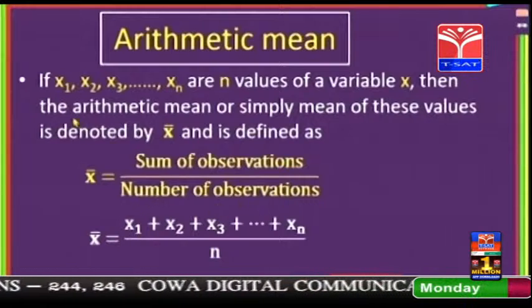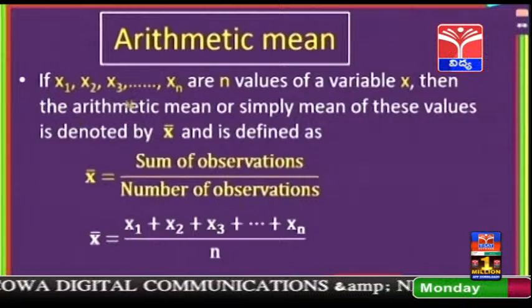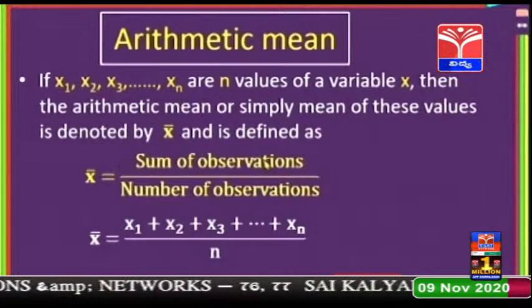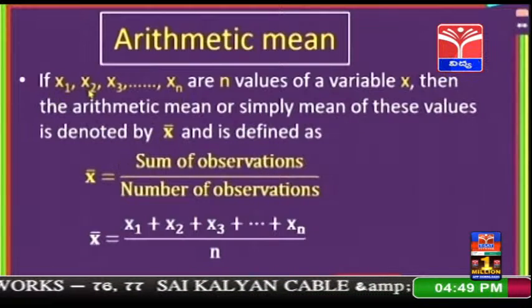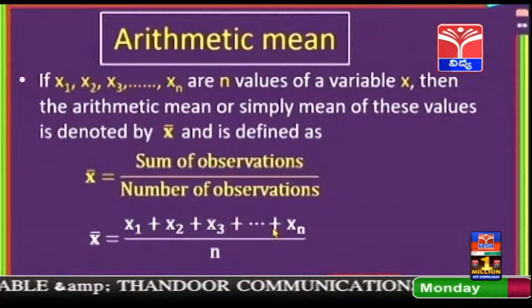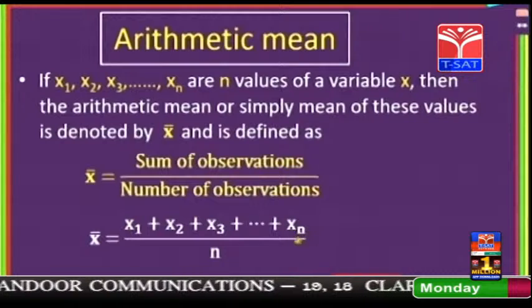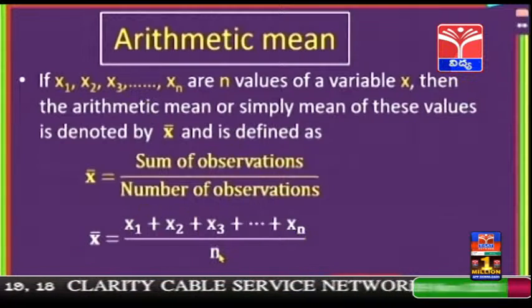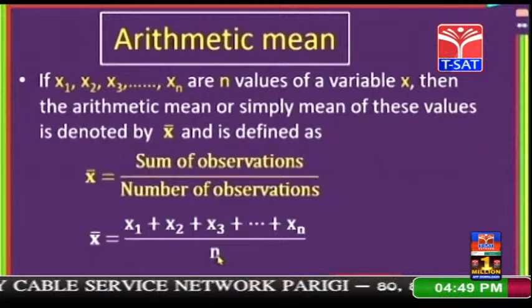What are the observations here? x1, x2, x3, and so on up to xn. Sum of observations means x1 plus x2 plus x3 plus so on xn, and the number of observations here is n.